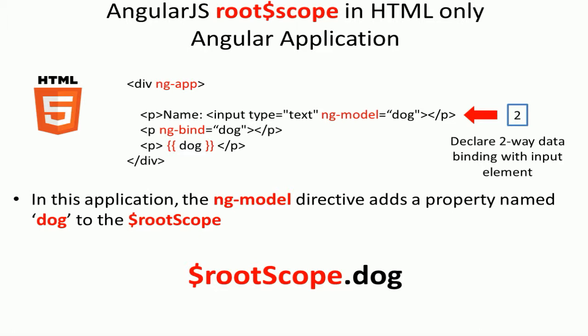In our unnamed application with no application module and no controller created by us, the ng-model directive binds a property named dog to the rootScope and links it to the input element value, setting up two-way data binding. The rootScope object will bind the property dog as soon as a string is entered into the input element field in the UI by the user. rootScope.dog will be defined.